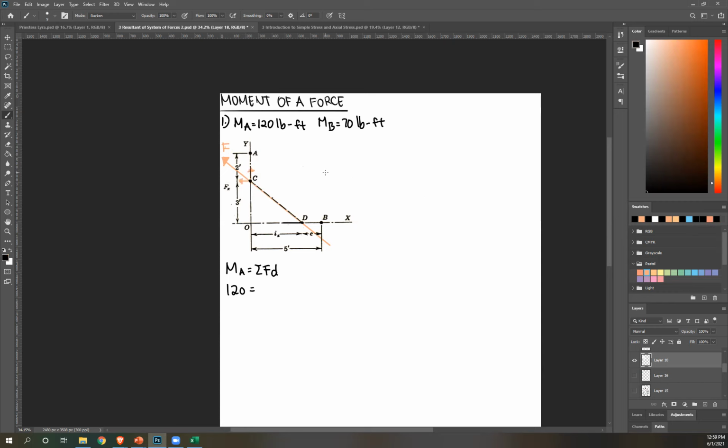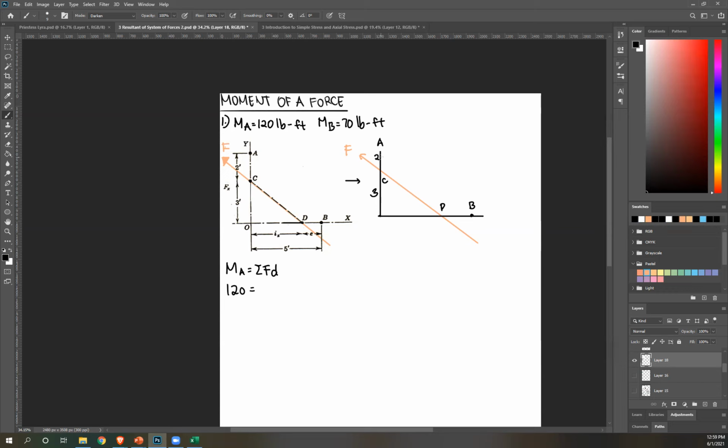So let me separate that drawing. Redrawing everything, we have your force F. This is your point C. This is your A, and then this is D, and then we have point B over here. Let's draw our distances.